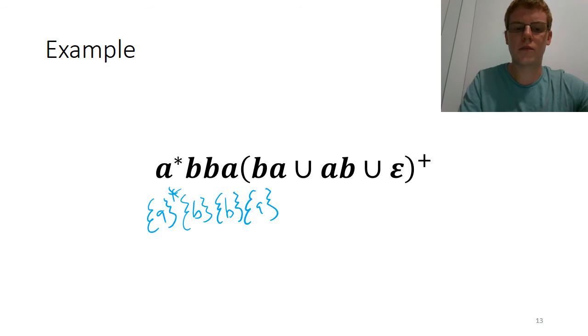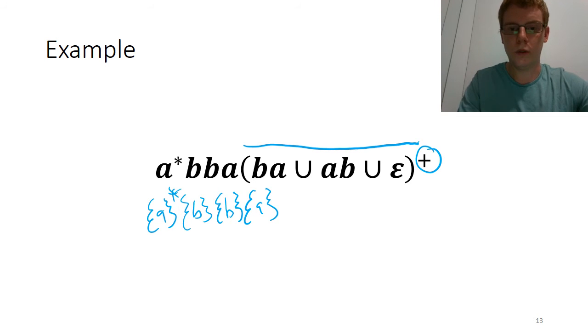So we can have any number of A's followed by B, B, A, then one or more occurrences, because this parenthesis groups this, and we have a Kleene plus, so that says one or more, that's not allowed to contain the empty string. So one or more occurrences of any number of BA or AB or epsilon.